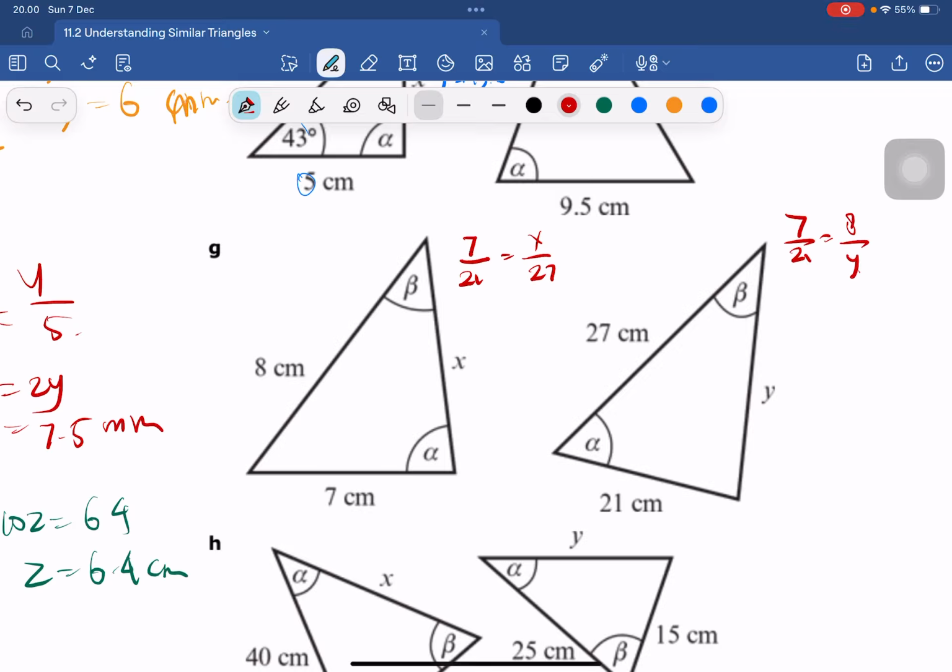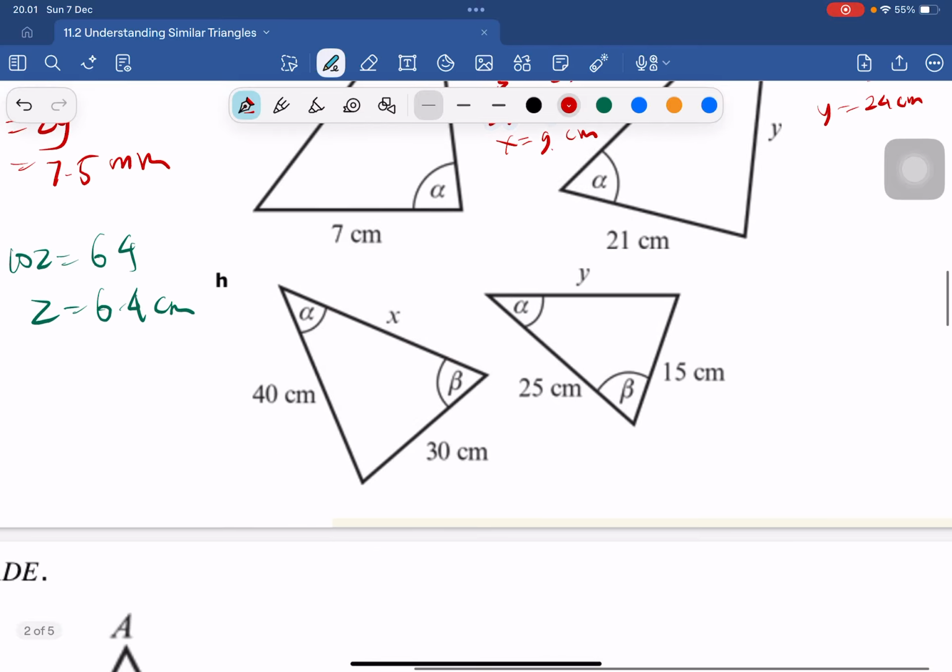So here we can simplify by dividing by 7, so 1 over 3 equal to x over 27. So 27 equal to 3x, which is x equal to 9. Also we could simplify, so 1 over 3 equal to 8 over y. So y equal to 3 times 8, which is 24 centimeters.